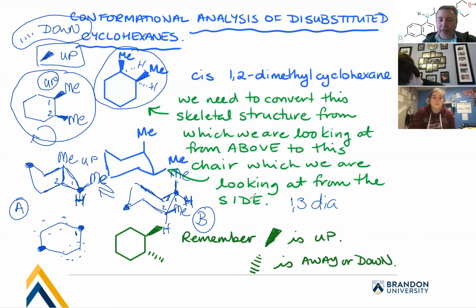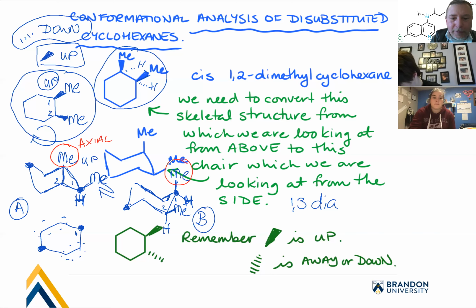One thing you can do is just total up the number of axial groups you've got, and if one has got more, then that one would be the least stable. But in this case, let me see if I can change my color here, red, okay. In conformation A, we've got a methyl group which is axial.